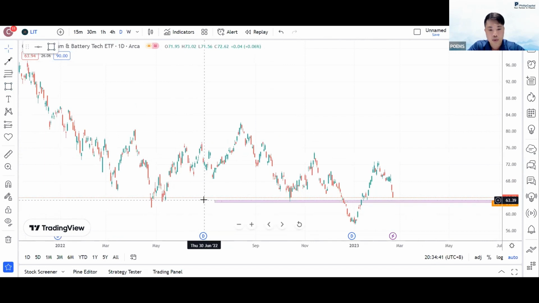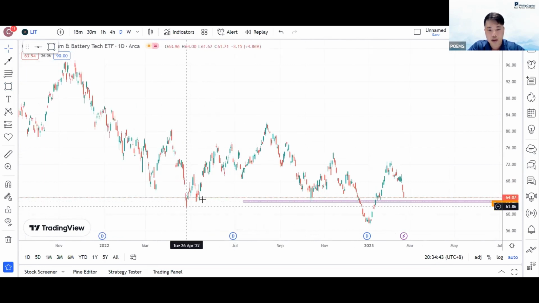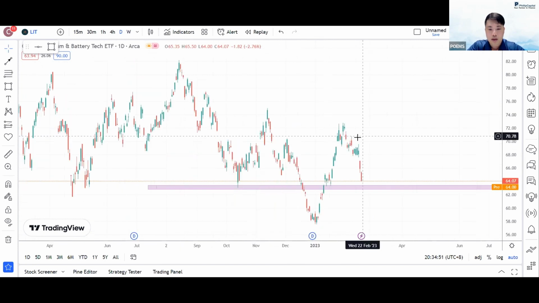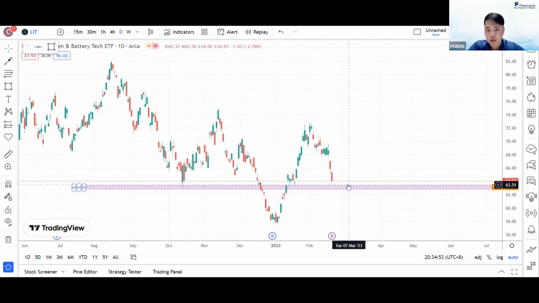And if you zoom in further, you realize that previously, somewhere around May last year, this is also where the price started to reject and go back up. So we are looking at somewhere around 63, sorry, 63. Just take note.